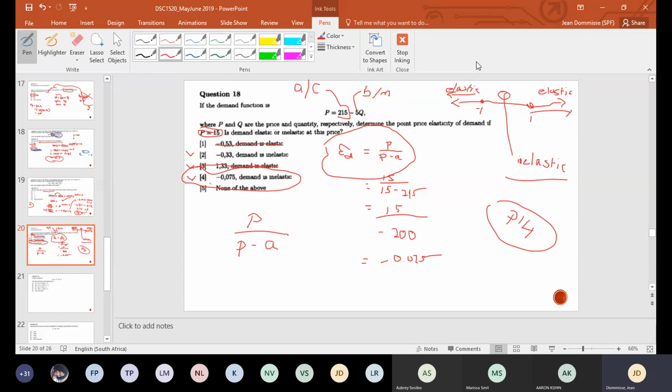I'll check it out and probably Google it later. But I've never seen actually a price elasticity for supply, because it's normally driven by demand. It's not driven by the supply side.